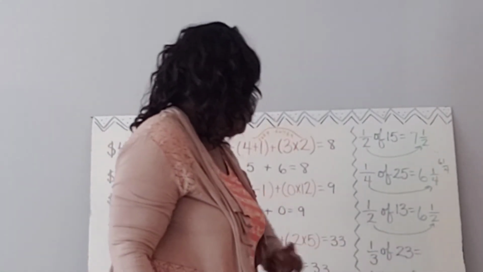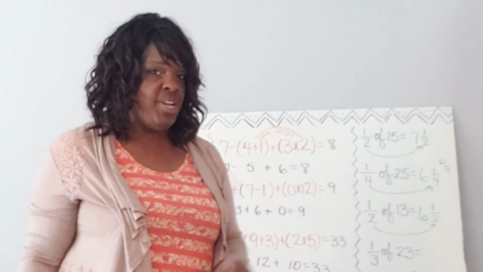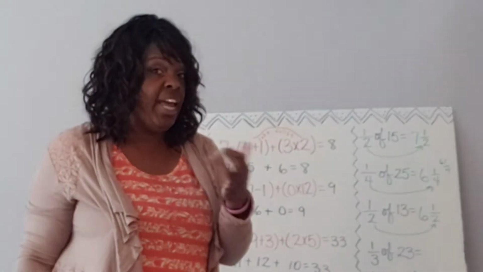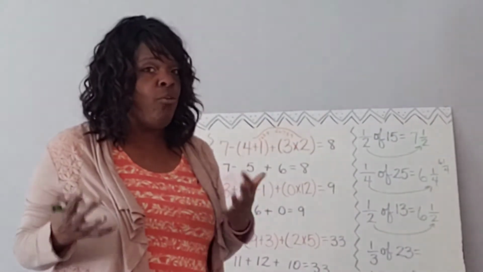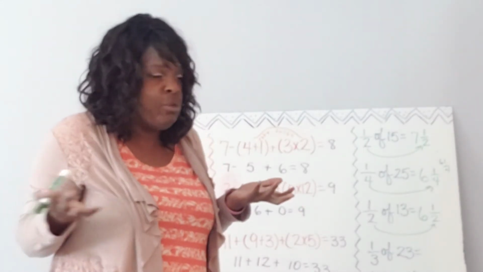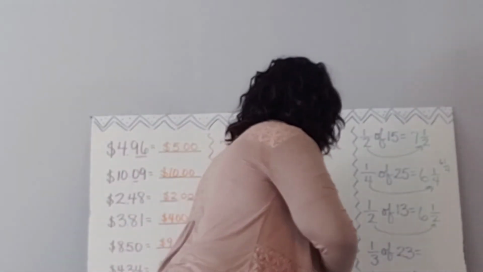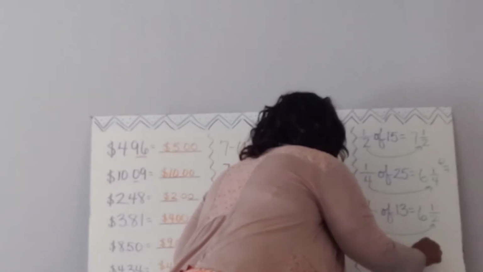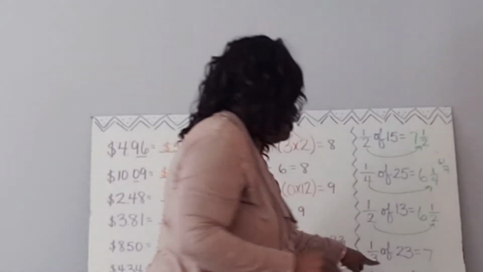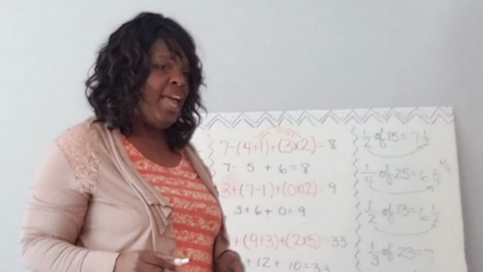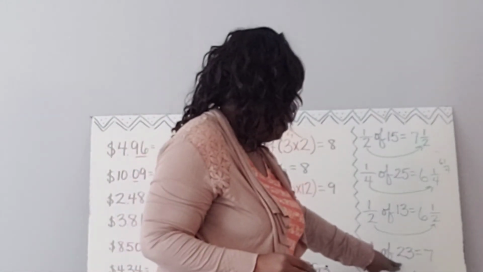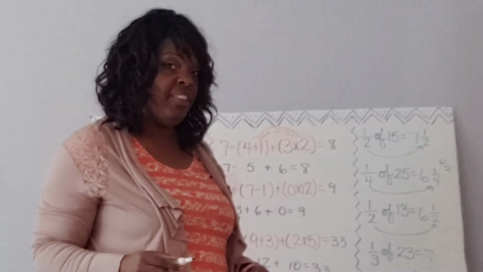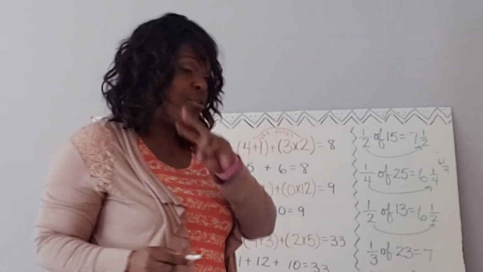Then down to our last one, 1/3 of 23. Get as close to 23 as you can, counting by 3s, but not going over it. That's why I said it's just like your division almost. So we know that 7 is as close as we can get, because 7 times 3 is 21. If we subtract 23 minus 21, what do I have left? I have 2, right?